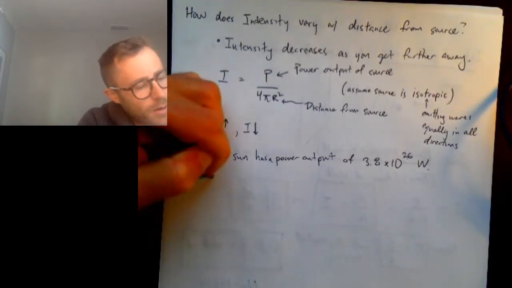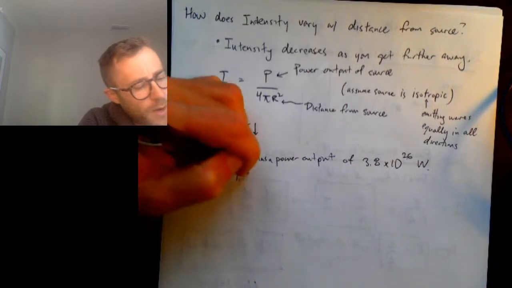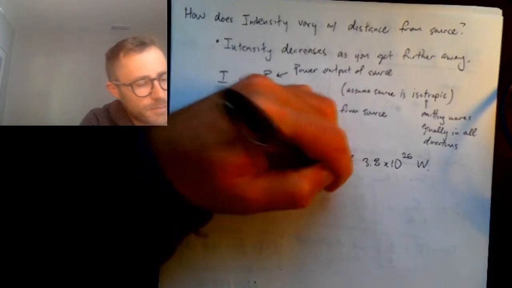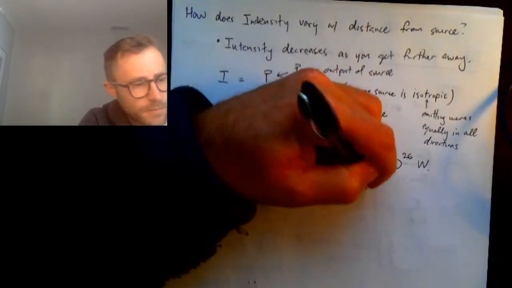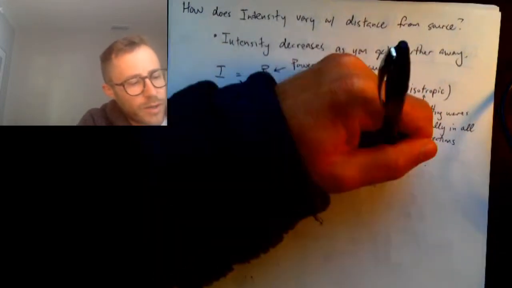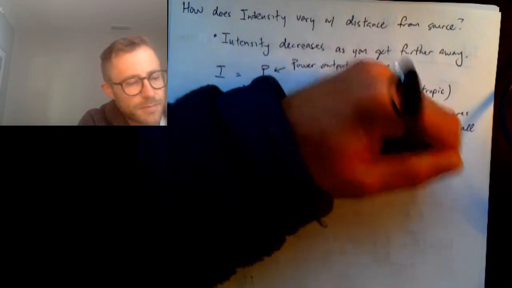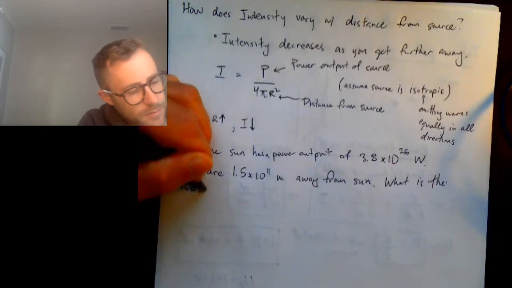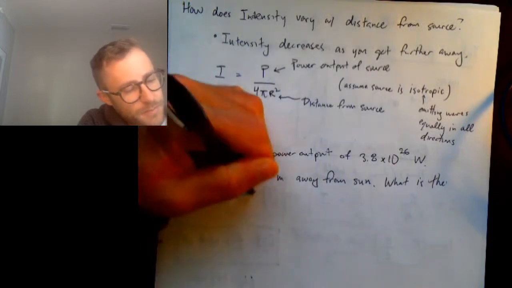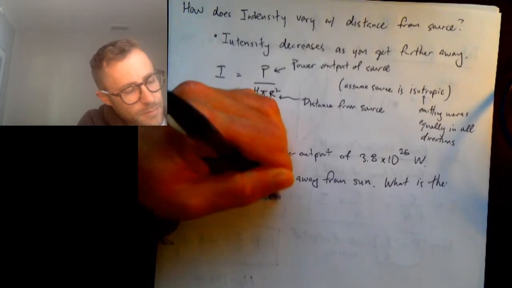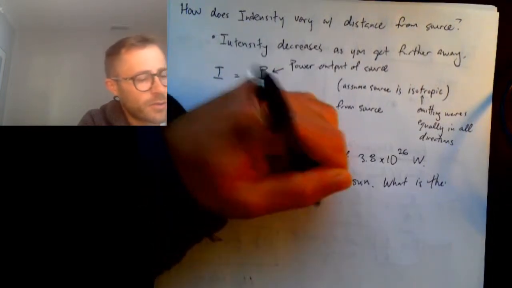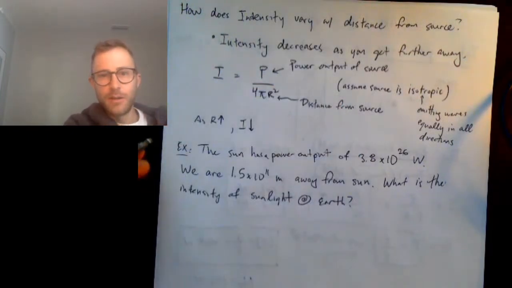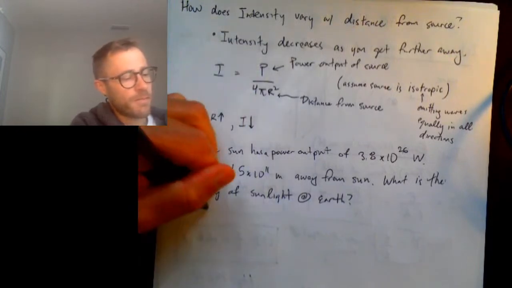We are 1.5 times 10 to the 11th meters away from the sun. Okay, what is the intensity of sunlight at the Earth? Okay, so we're just going to plug it directly into this formula.